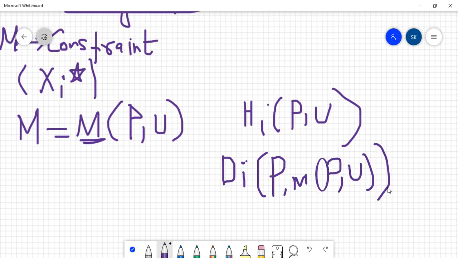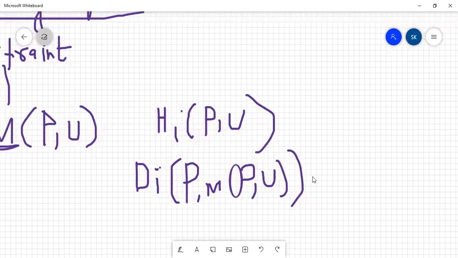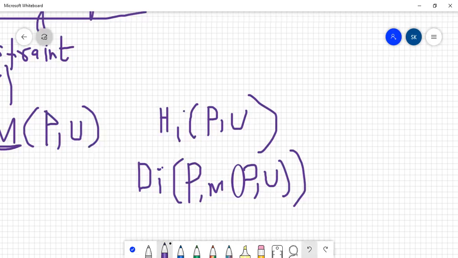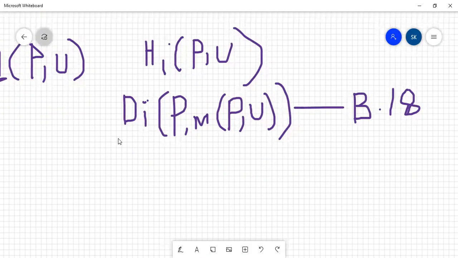Let us name this equation B18, according to your book, the book of Jehle and Reny, one of the best microeconomics books for microeconomic analysis.